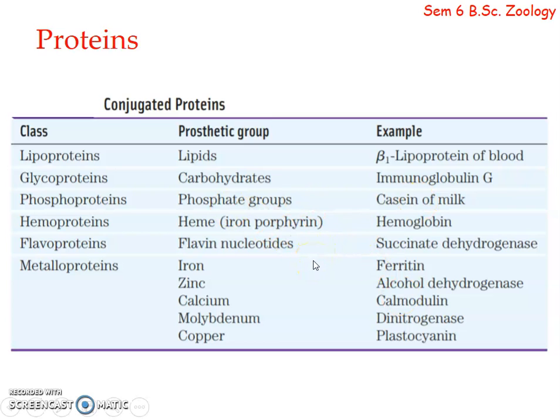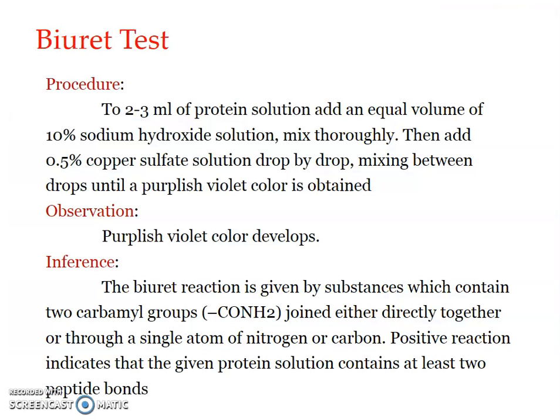Next, we will be passing on to the analytical techniques which we'll be learning. The first one is the Biuret test. The Biuret test is a colored reaction, which is considered one of the important properties shown by proteins. Here we take the protein solution, add an equal volume of sodium hydroxide solution, mix it thoroughly, and then add copper sulfate solution drop by drop, mixing between drops until a purplish violet color is obtained.